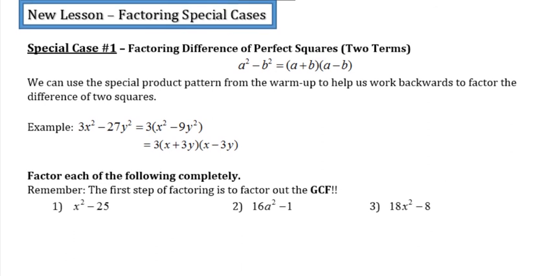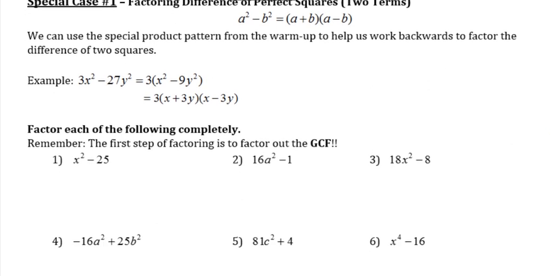So you can walk through this example with us here. Always look for a GCF. If you were faced with this, you should first see that there's a greatest common factor of 3 on both of these. So pull that GCF out and then stare at what's left. What's left is something perfectly squared minus something perfectly squared.